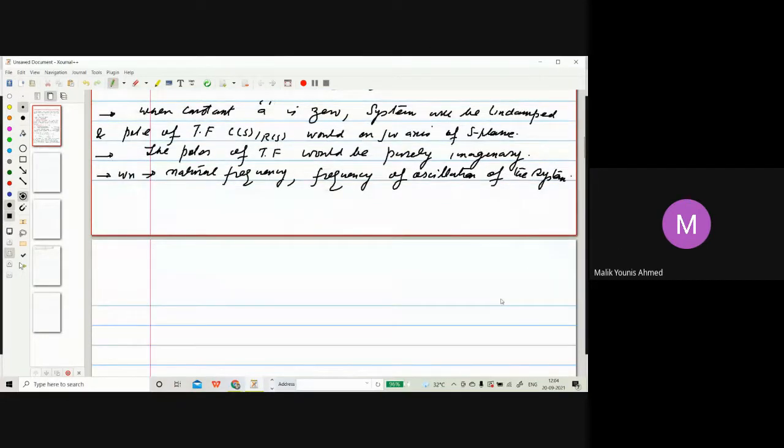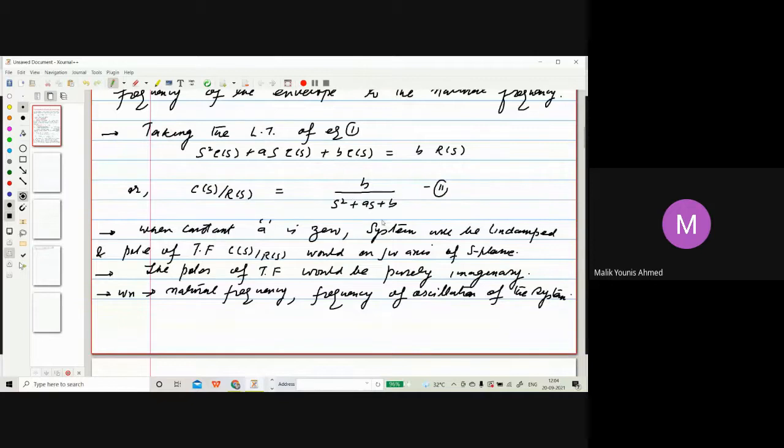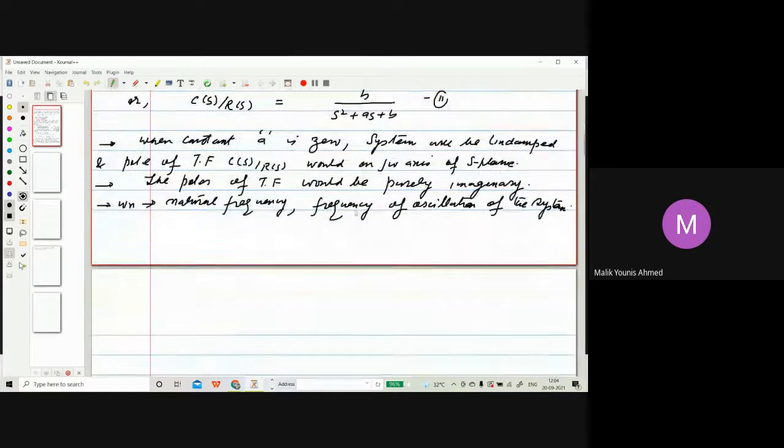Nothing has been done to it. So we call this the natural frequency. When we call this the natural frequency, what is going to happen? The poles of the system with A equal to 0 are on the jω axis, so we can get two poles, that is s1,2 is plus minus under root of b. We know that we have substituted the value A equal to 0.